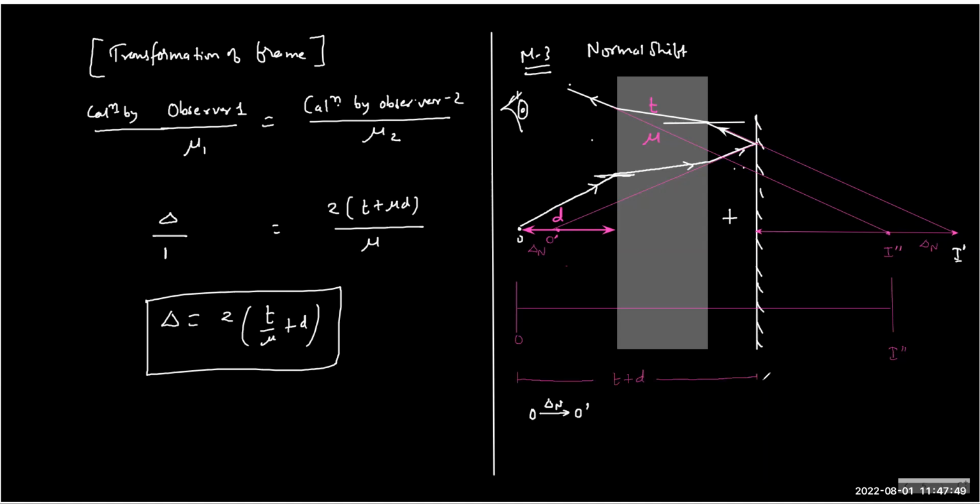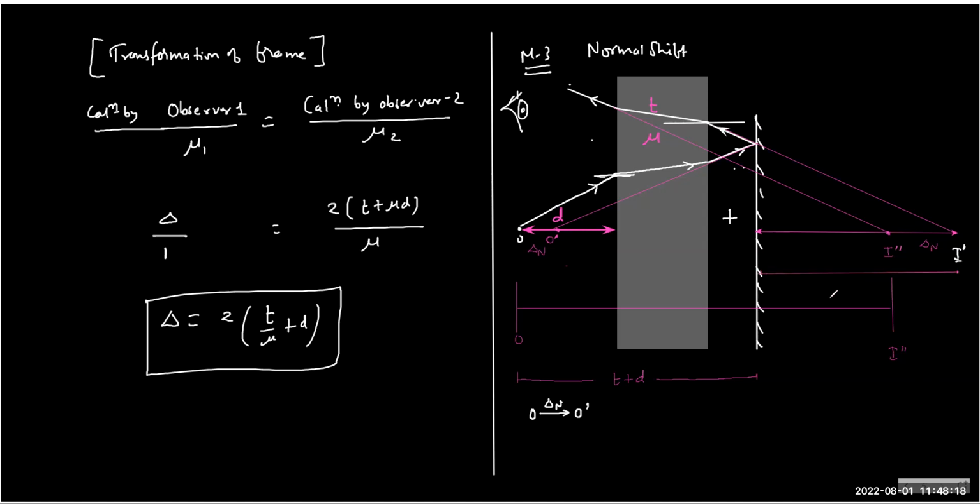So the image, this is t plus d, and we're trying to get the answer. As per this answer, this is I double dash. What is this distance from the mirror to this point?